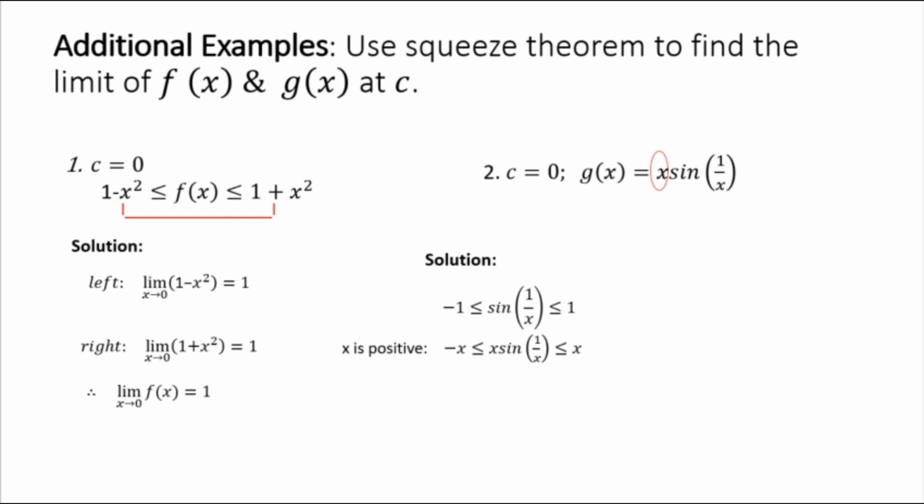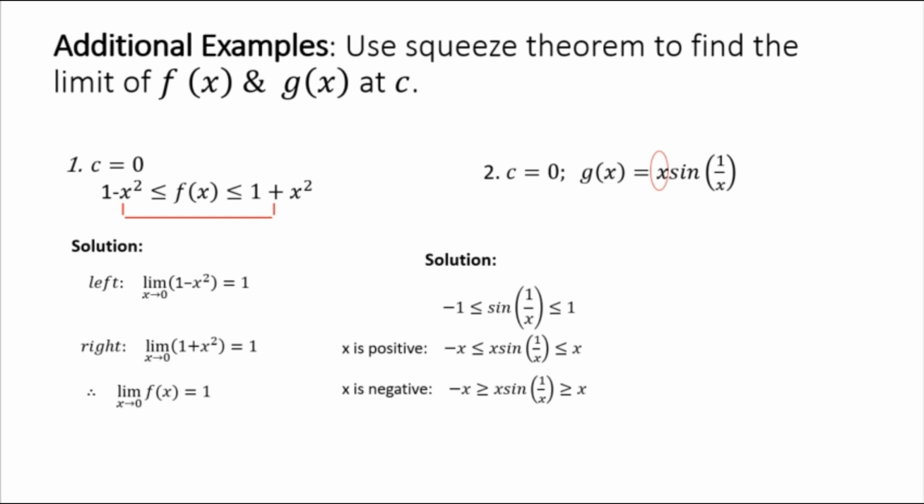And when x is negative, then it results to the direction of the inequalities reversed. So how do we get around this? Or what I mean is, how do we find the two sandwiching functions that sandwich the g of x no matter the sign of x?